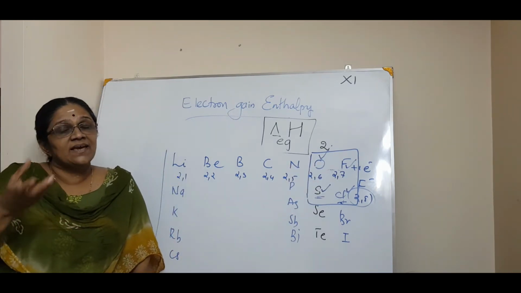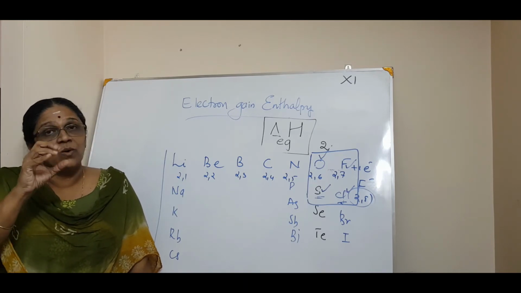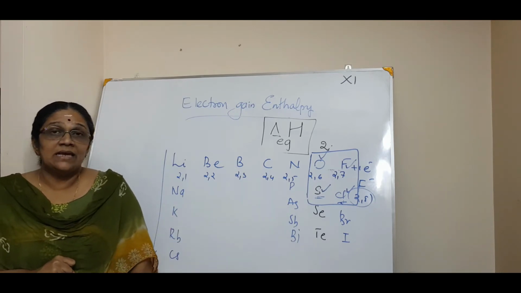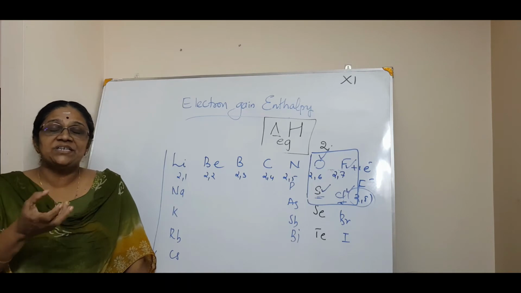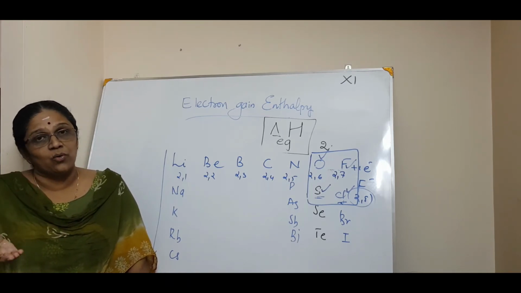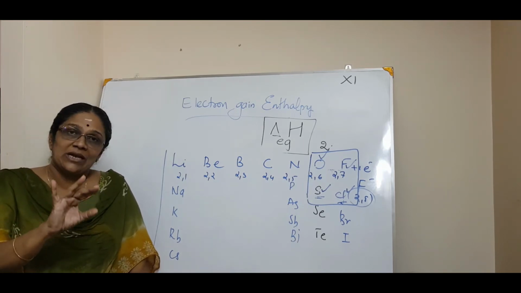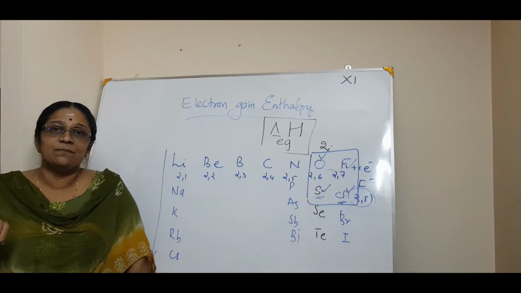In all these cases the reason will be different, but just use the logic that is there. So that is the difference between the electron gain enthalpy of fluorine and chlorine. If a question is asked, does fluorine or chlorine have a more negative electron gain enthalpy, your answer will be that chlorine has a more negative value for electron gain enthalpy than fluorine. And what is the reason behind that?